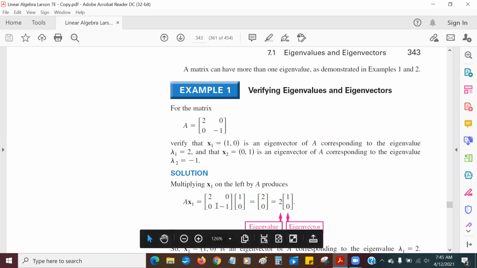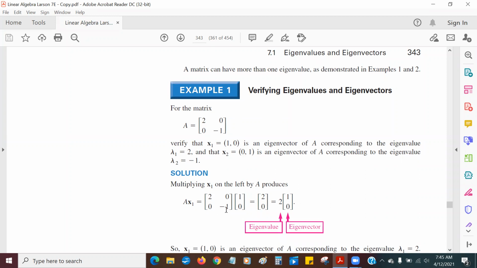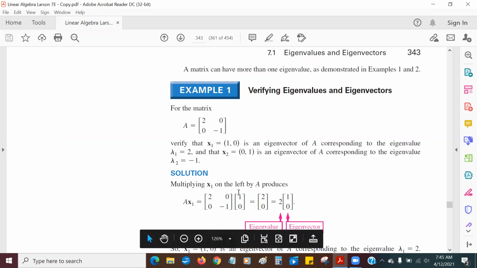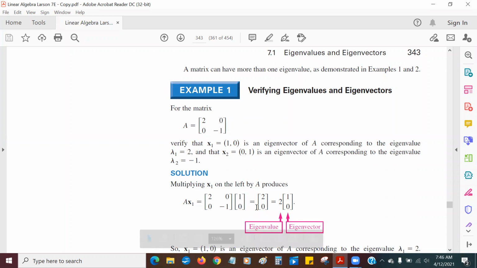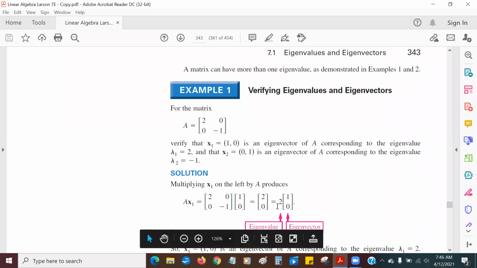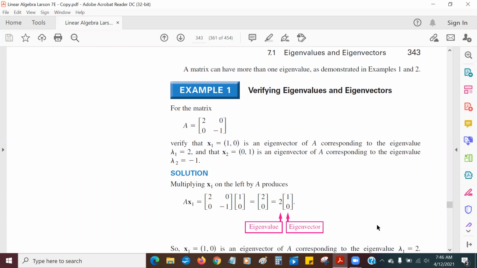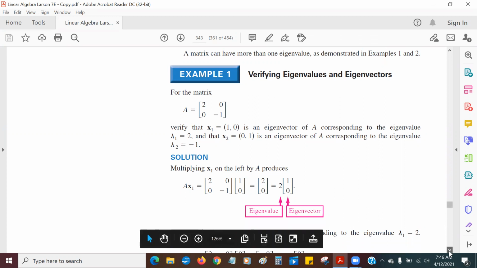We're choosing x1. A is 2, 0, 0, -1. That's fixed. x1 is our vector right here, this column vector, 1, 0. Now, when I do the multiplication, I get 2 and 0. Well, 2, 0, if I factor out a 2, is equal to 2 times 1, 0. So we see that this was my original vector x.